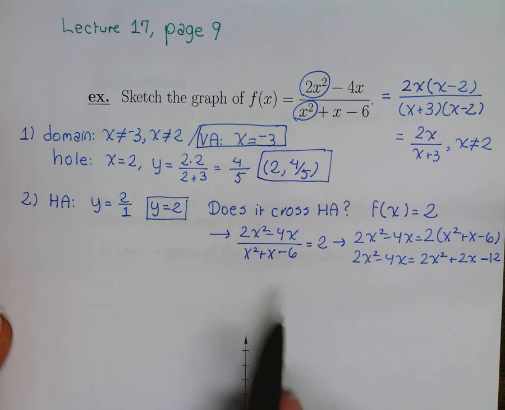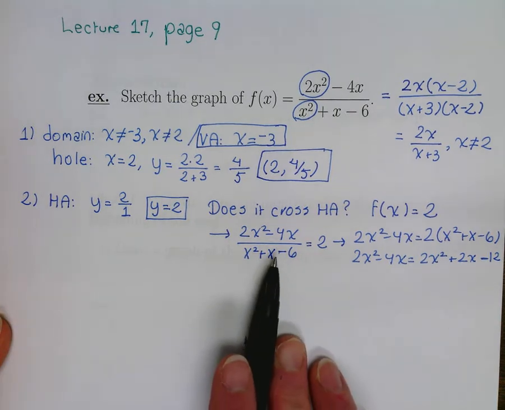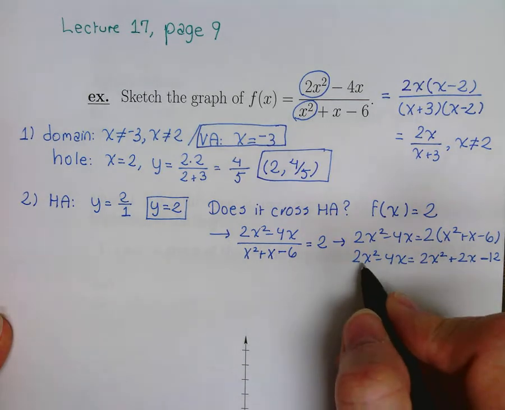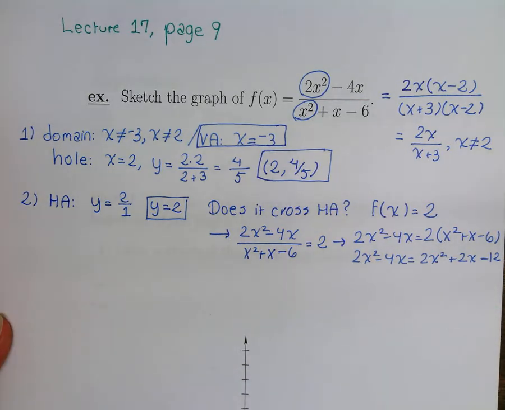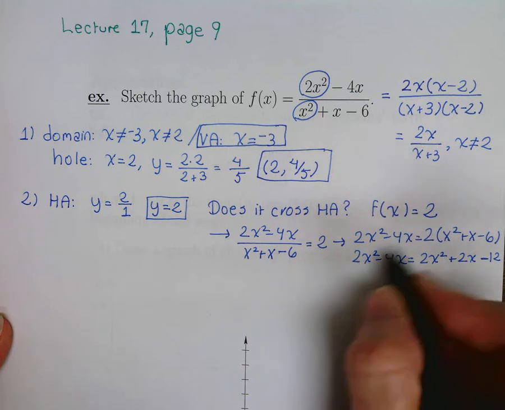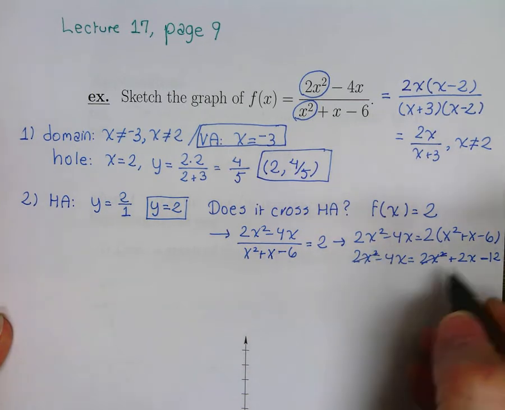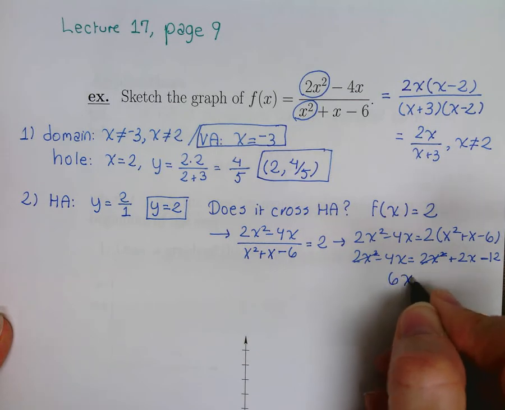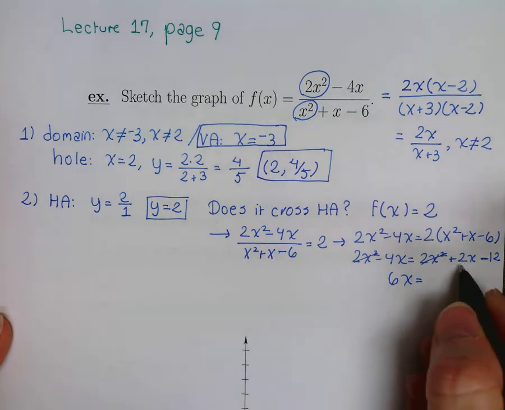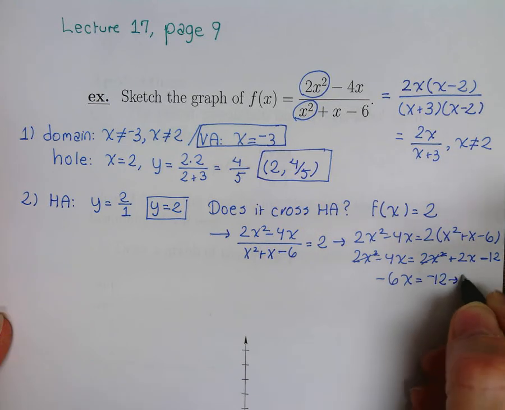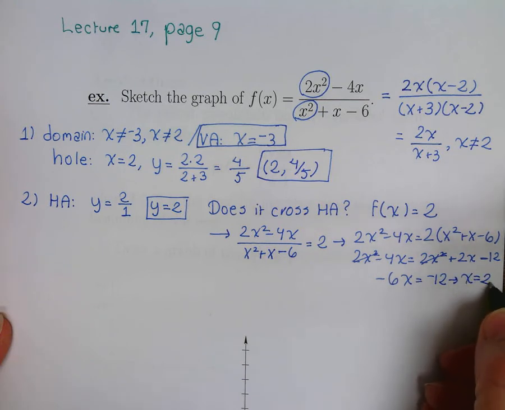Okay, and so, all right, then what happens? We end up with the following. That cancels. I get 6x equals, I'm sorry, negative 6x equals negative 12, which means x equals 2.